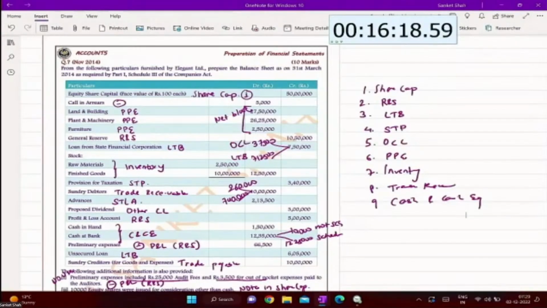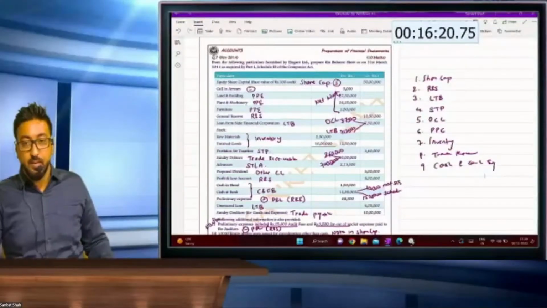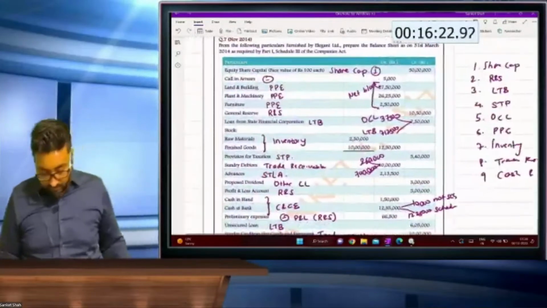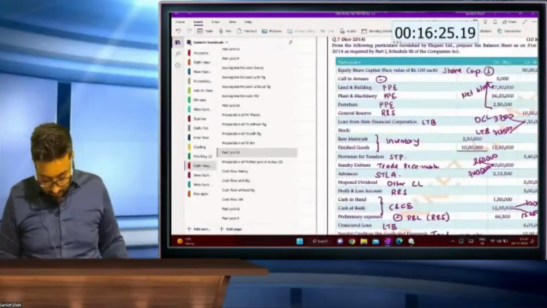चलो. So what is the answer, beta? See the answer.